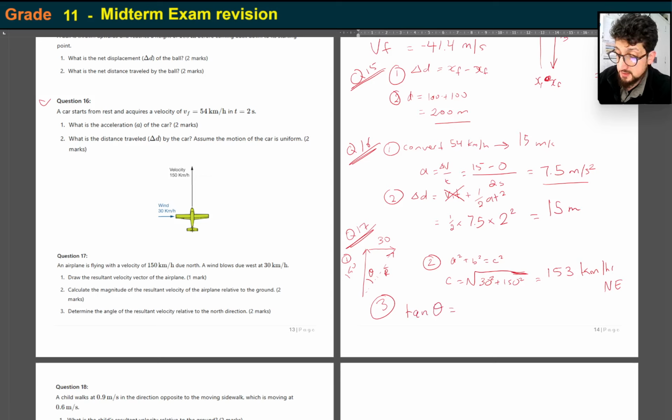Tan theta equals 30 over 150. So it's shift tan of 30 divided by 150. And so the angle is equal to 11.3 degrees northeast. Okay.